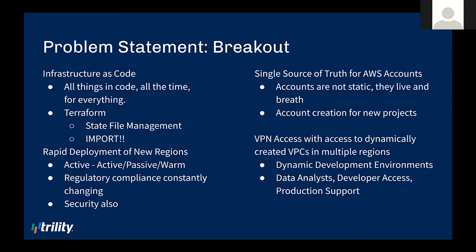In terms of rapid deployment of new regions, most applications live in a region, and then the business comes and says, we want to go to Europe, or we want to go to another place. Being able to rapidly stand up all of the things necessary for somebody to use a particular region is not as simple as just flipping it on. There's more that goes into that, and security is also a huge player in how you turn on and manage those regions within AWS.